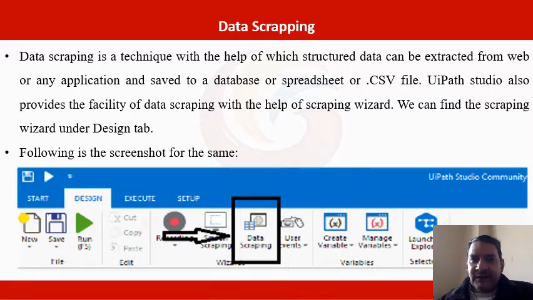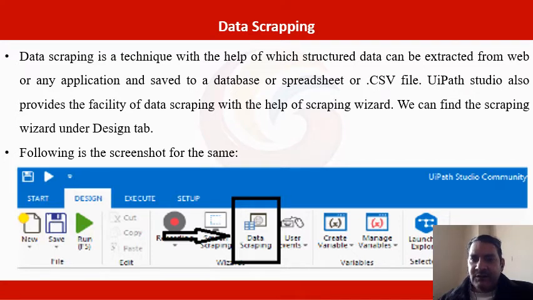On that pattern, data scraping is a technique with the help of which structured data can be extracted from the web or any application. That means here we have already discussed the concept of web recording.